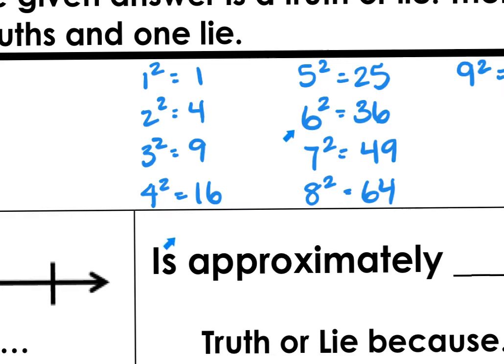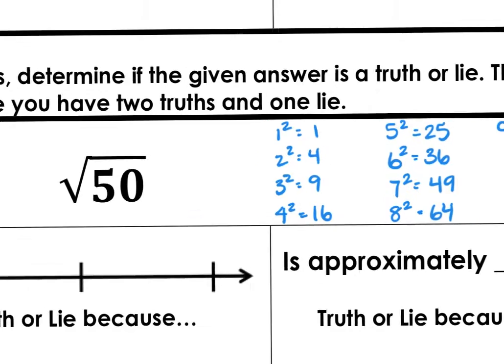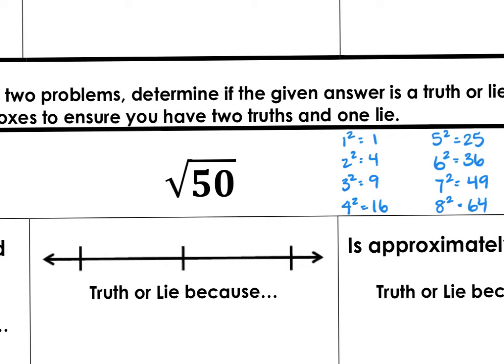So if we're talking about just a normal number line, I've kind of already identified on my own that the square root of 50 would be between the square root of 49 and the square root of 64.